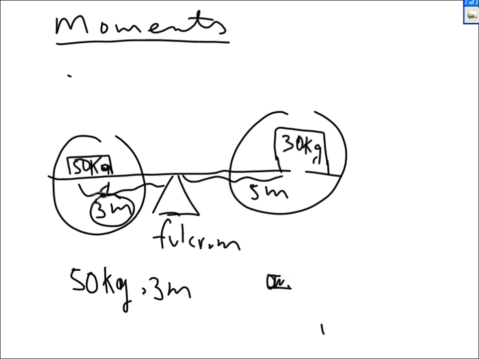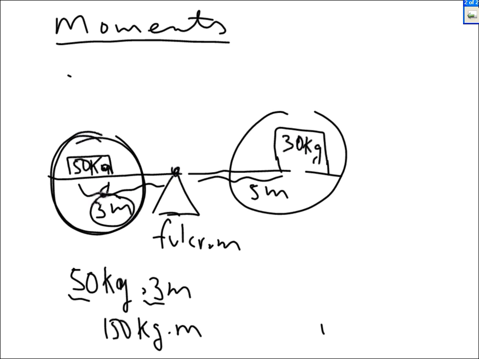Now, where you're picking it up, in our example here, is at the center, the fulcrum. How much force is this applying right at the center? The answer is 50 kgs times 3 m. Well, 50 times 3 is 150 kg times m.